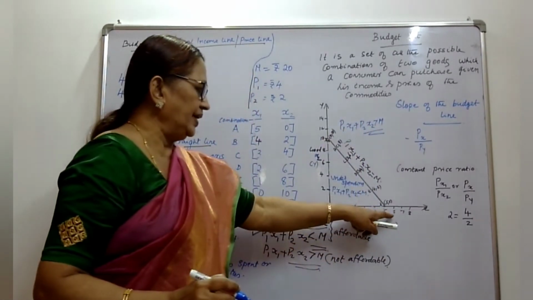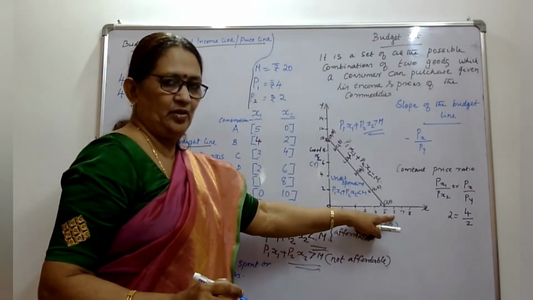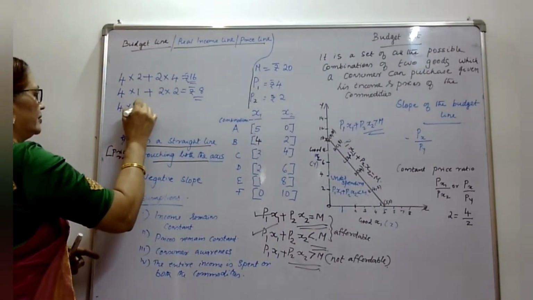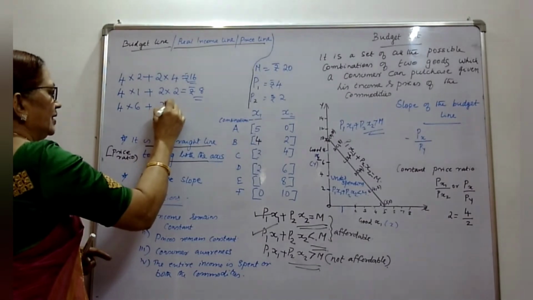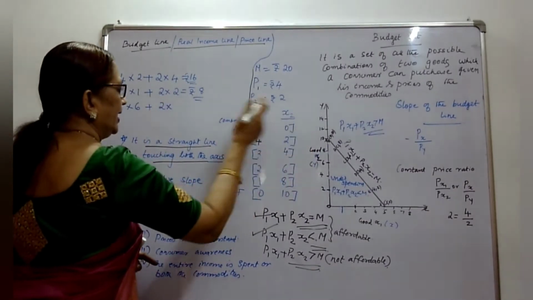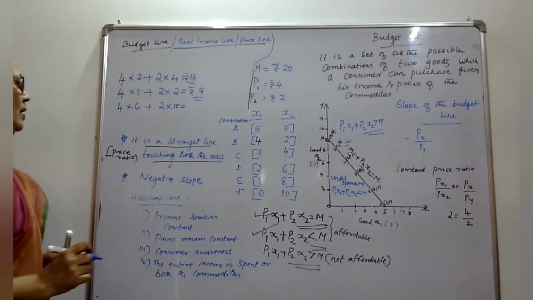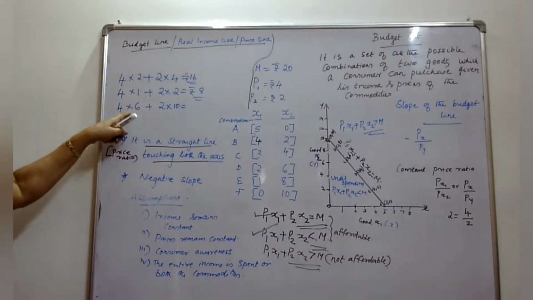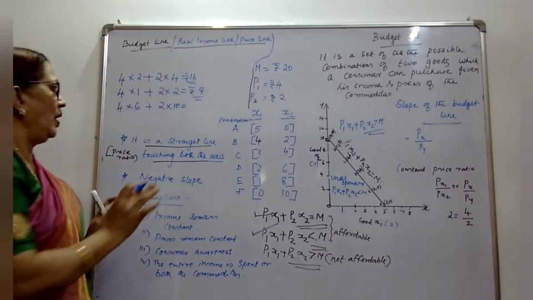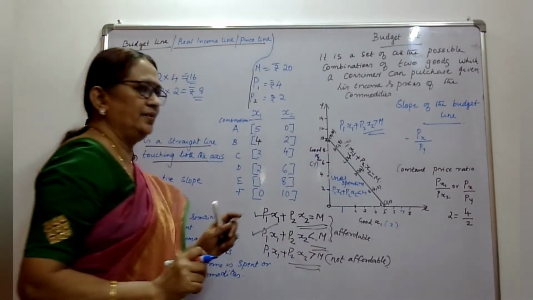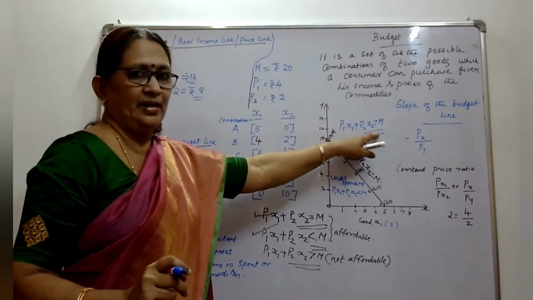We will check one example. 6 units of X plus 10 units of Y. You know, 20 plus 24, 44. So, all the bundles beyond this budget line will cost greater than income.